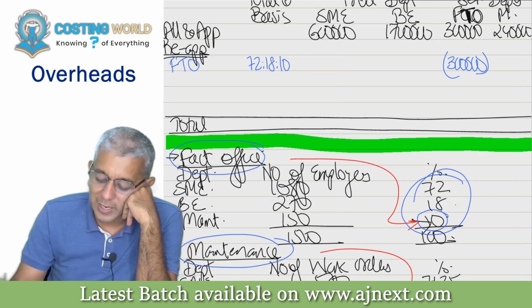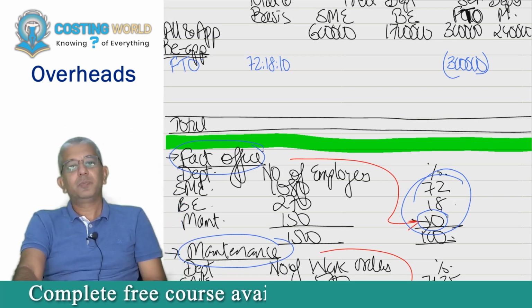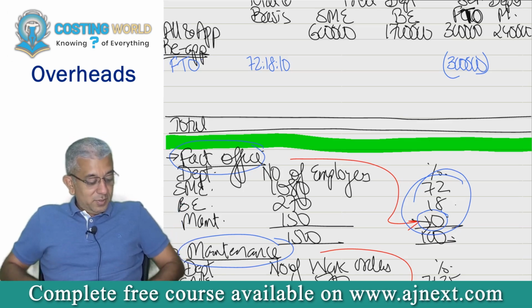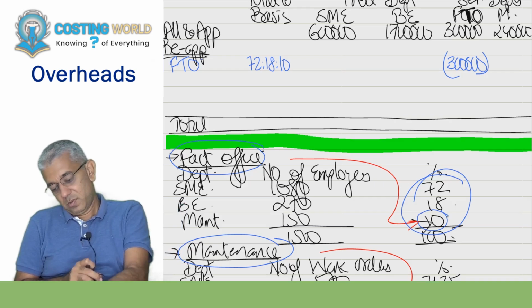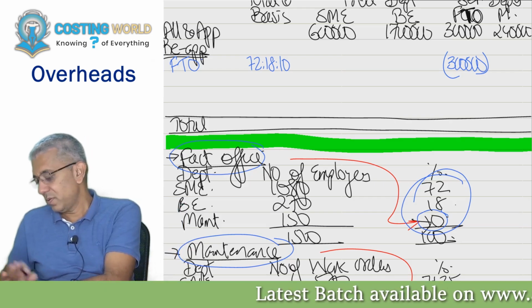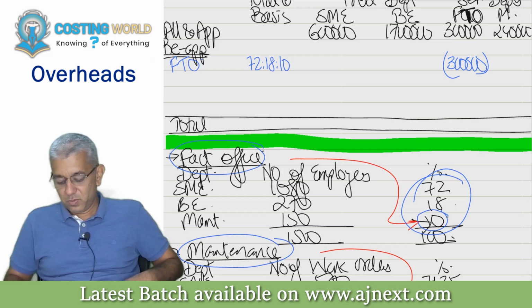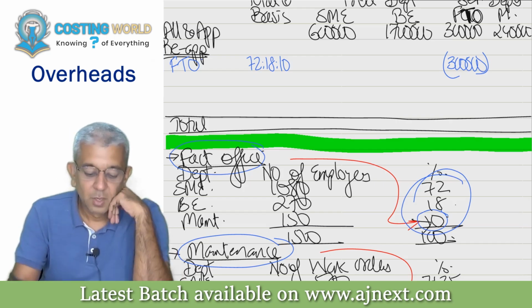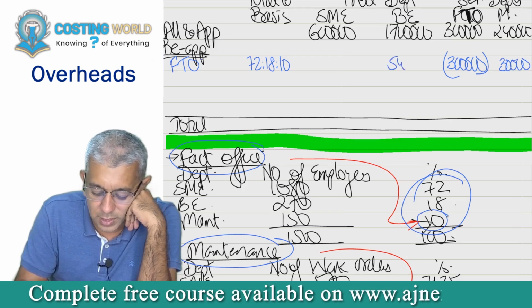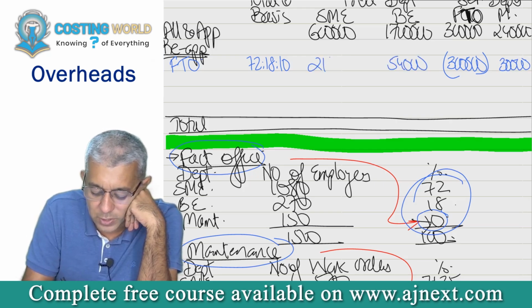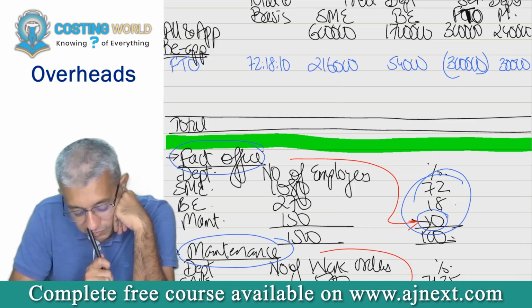So subtract 3 lakhs and divide that among the other departments. Can you say this figure will be 30,000? This is coming to 54,000. The last one comes as 2,16,000. That's fine? Yes.